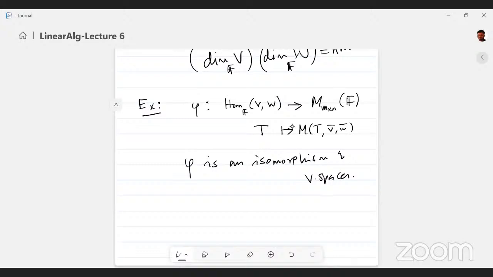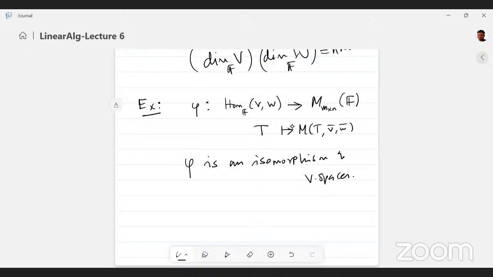Now, to prove that a given linear transformation is a one-to-one map, how can one check that? Yes, one can look at the kernel and check whether the kernel is trivial. So is it true here?